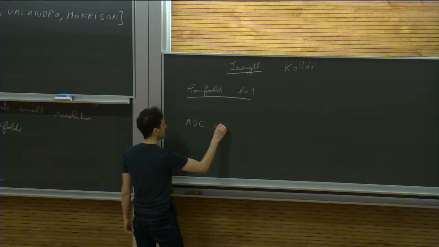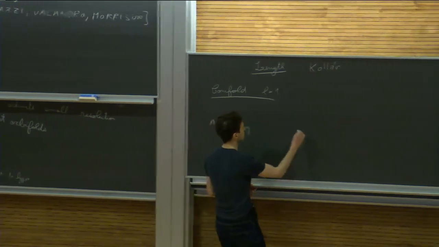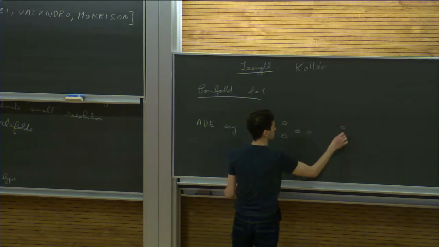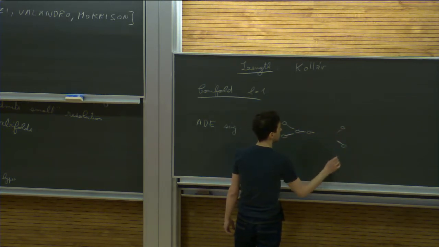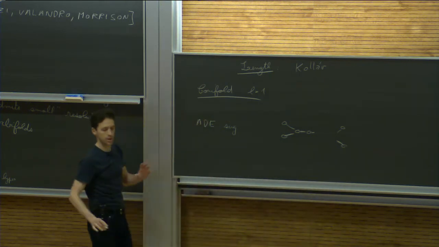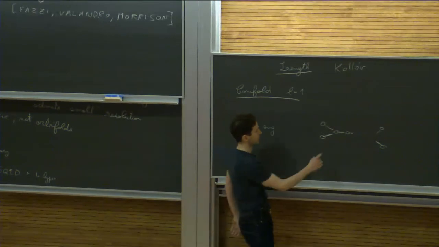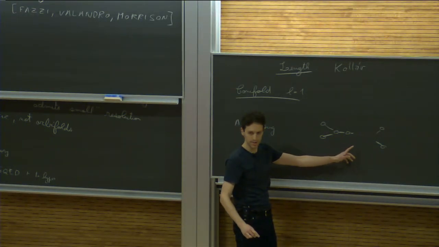Take the ADE surface singularities, right? And take, for instance, something like a D_N singularity. Now, you might know that if you blow up a non-compact K3, for instance, with a D_N type, these P1s in the resolution actually come with multiplicities.